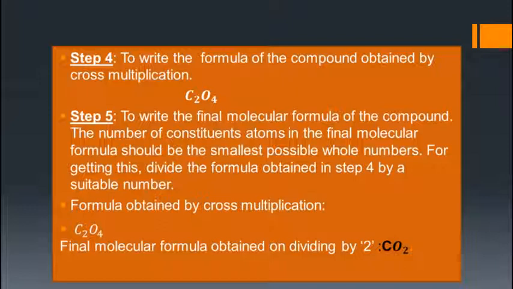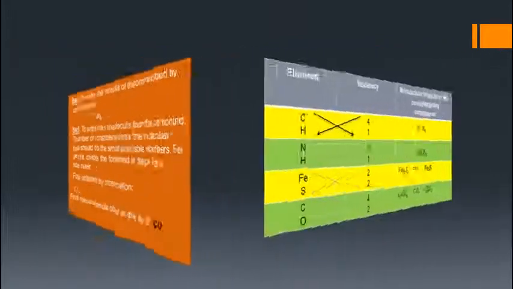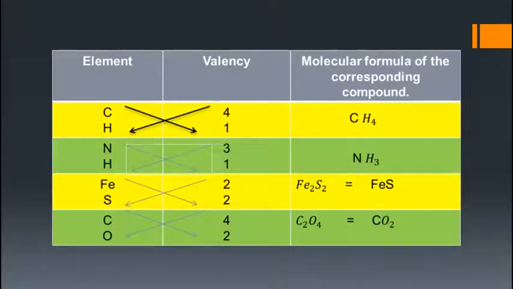The formula is C2O4, so the final molecular formula after dividing by 2 is carbon dioxide, that is CO2. This is the cross multiplication method to deduce the molecular formula of compounds by knowing the valencies of constituent elements.